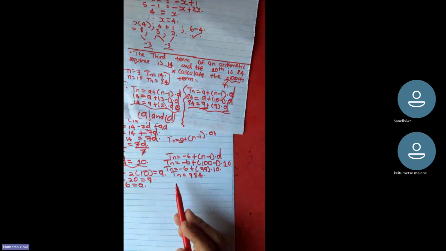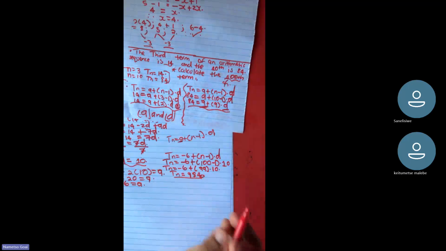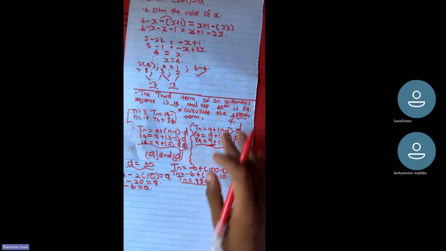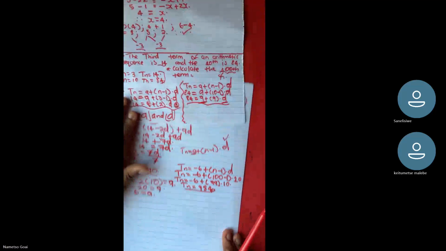So Tn, the term of the 100th position, would be 984. Do you guys get this and this, and how we had to now use simultaneous equations to be able to find our A and our D?